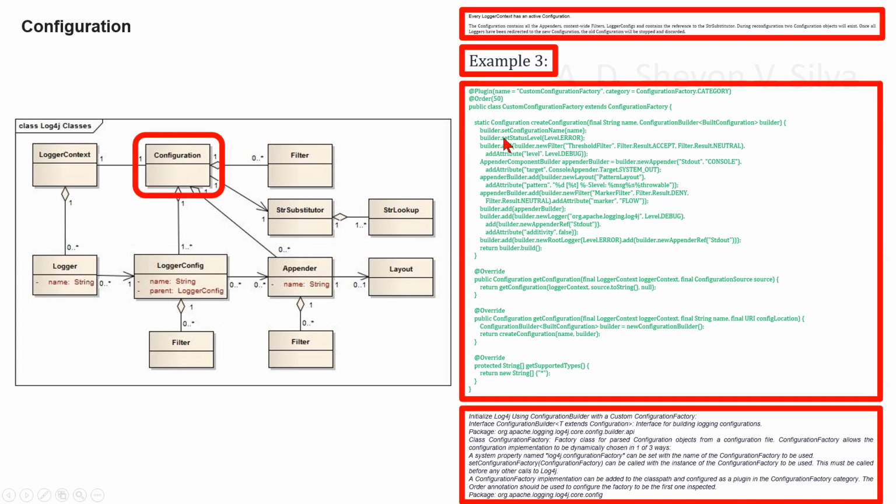Here, on the ConfigurationBuilder, setConfigurationName sets the name of the configuration. Here setStatusLevel sets the level of the status logger. Here add adds a filter component.